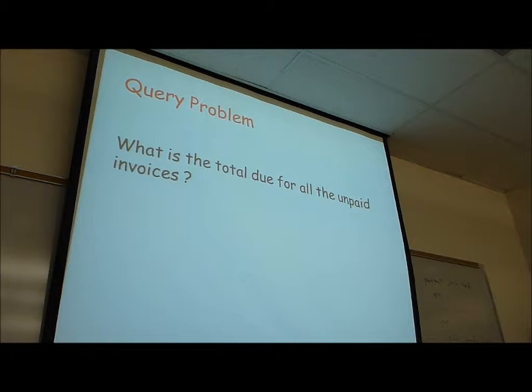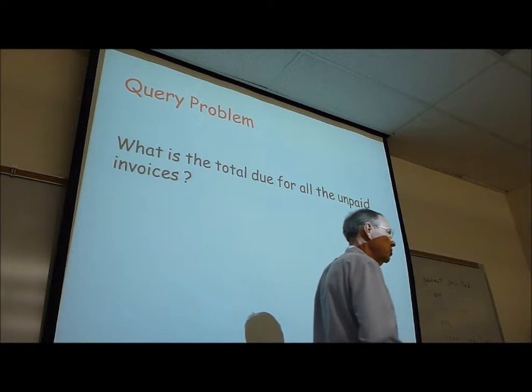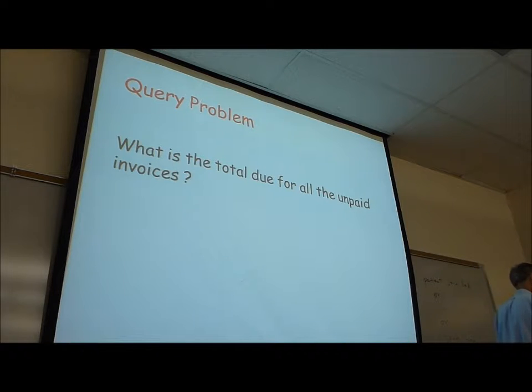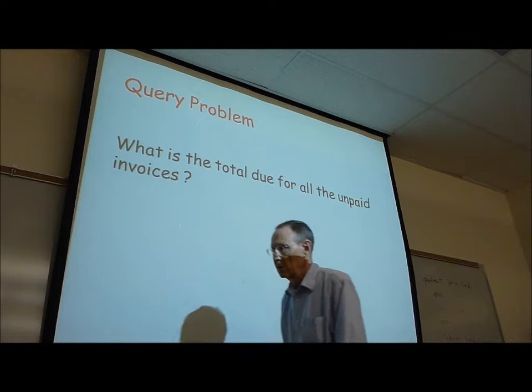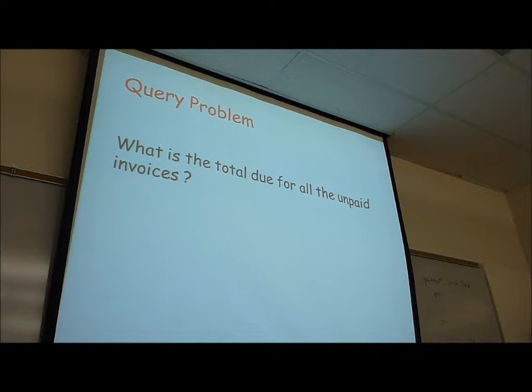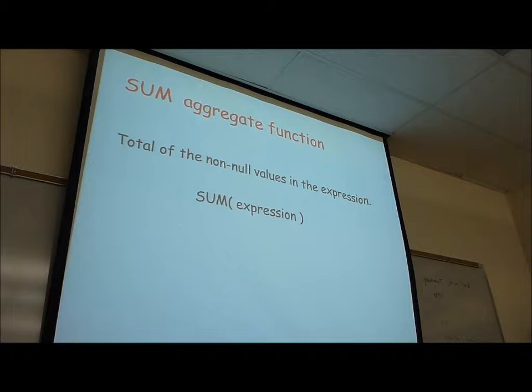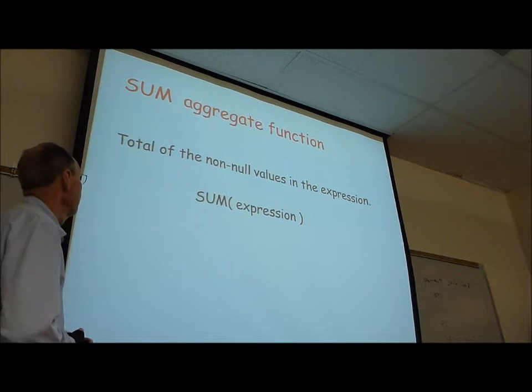So what does the total do of all the unpaid invoices? That'd probably be the next question: how much do we have to cough up to get all these things paid? That kind of question can be answered with what's referred to as the sum aggregate function.